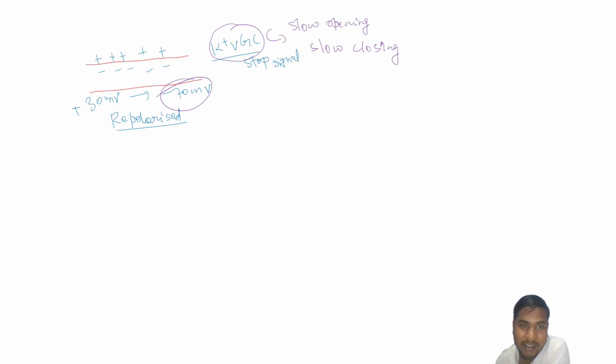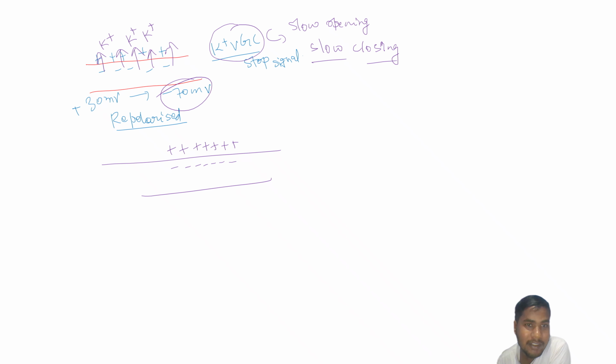But what is happening is that, due to the slow, delayed closing, potassium is again leaking outside. So the outside is going to be more and more positive than inside. It should remain at minus 70 millivolt, but it is approaching minus 90 millivolt, minus 100, minus 110.